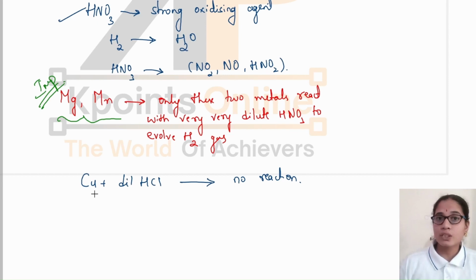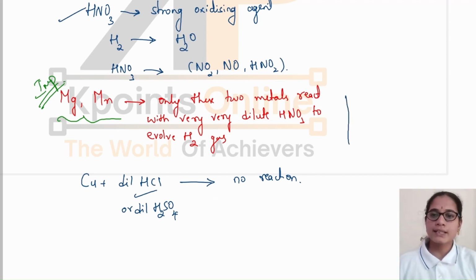You have studied the reactivity series in the previous chapter also. Those metals which are placed below hydrogen will not displace hydrogen from the dilute acid. These metals are not soluble in dilute acid. Keep in mind that copper will not undergo reaction with dilute HCl or dilute H2SO4 to displace hydrogen.